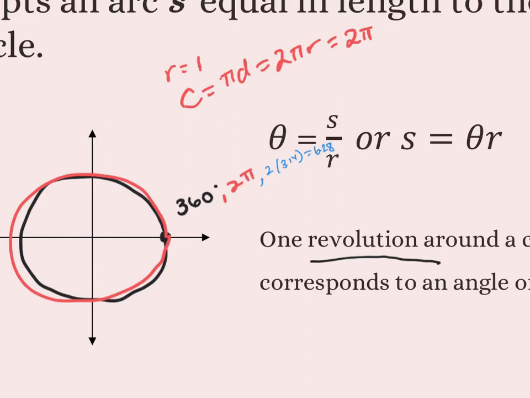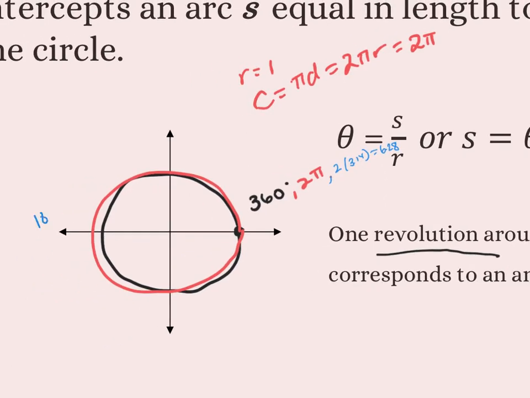Halfway in degrees is 180. In radians, it's half of 2 pi, which would be pi. And in radians, without terms of pi, it would be the value of pi, which is 3.14. That's halfway.